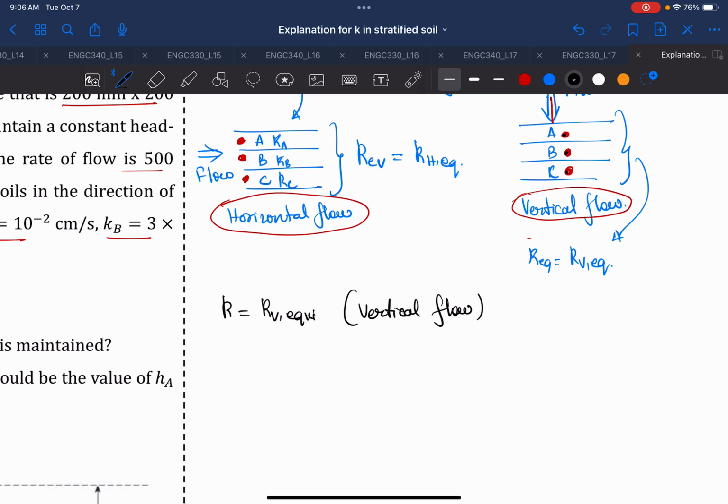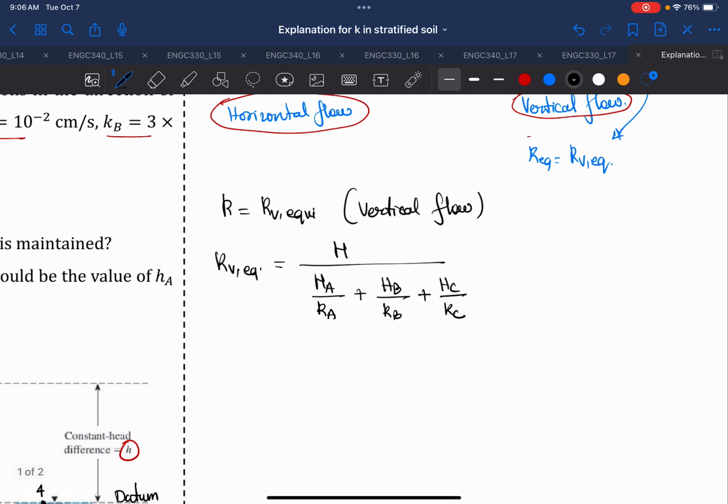So your KV equivalent is equal to H divided by HA over KA plus HB over KB plus HC over KC, and H is the total height, or total depth, or total length.